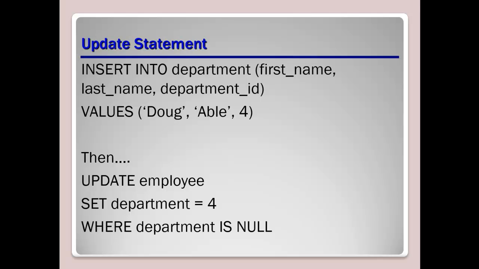So let's take a look at that. We first added a record in the department table with our new supervisor's name and department ID using our insert statement up above. Then we updated our employee table to reflect any employees who do not have an assigned department supervisor. That's why we used our update statement.